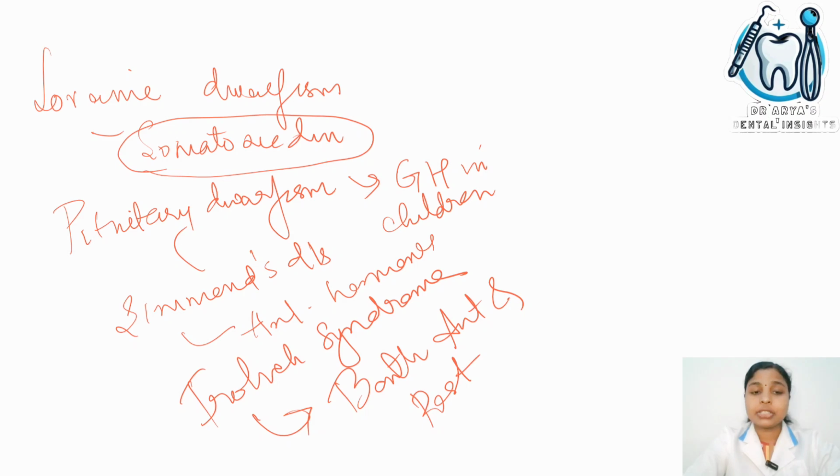So, there are three terms. Lorraine dwarfism is due to the deficiency of somatomedin. Pituitary dwarfism is due to the deficiency of growth hormone in children. Simon's disease is due to the deficiency of all anterior pituitary hormones, and Froelich syndrome is due to the hyposecretion of both anterior and posterior pituitary hormones. So, what is the answer?